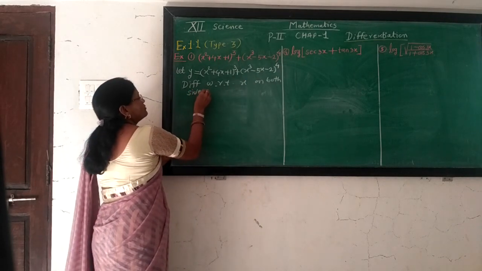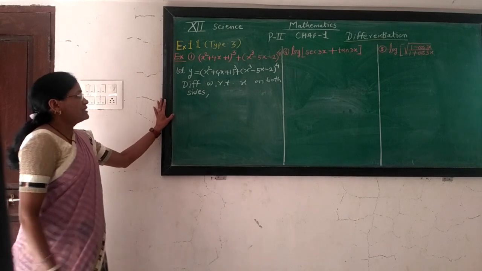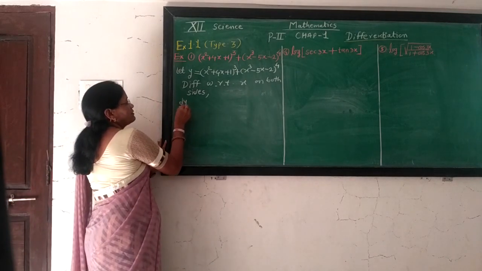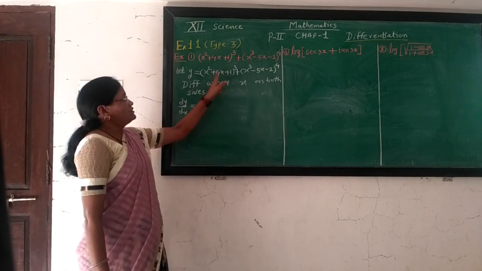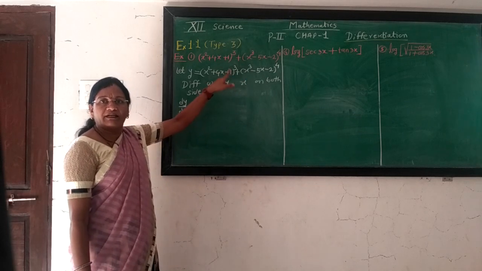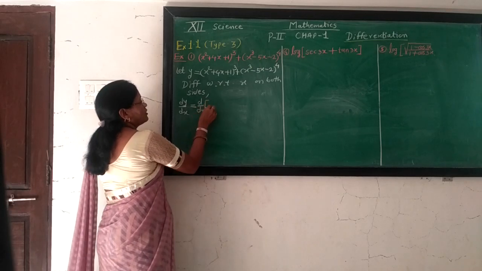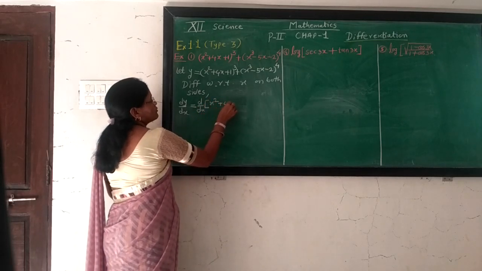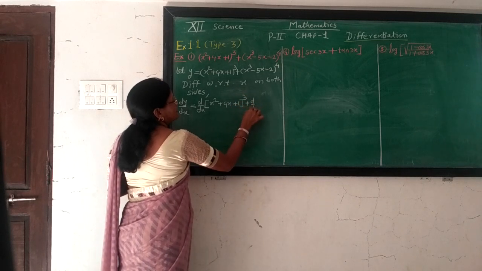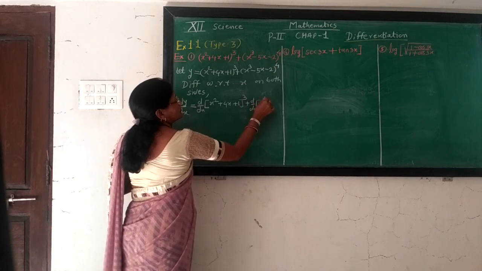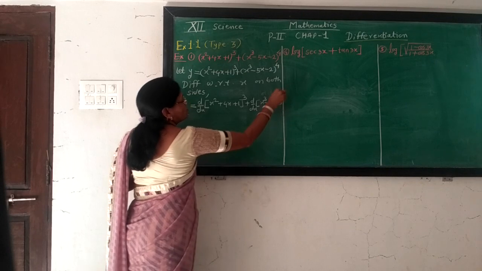For the left side, the derivative becomes dy by dx. For the right side, an addition of two functions is given, so we apply the rule for addition, u plus v, and therefore first take d by dx of (x square plus 4x plus 1) bracket raised to 3 plus d by dx of (x cube minus 5x minus 2) bracket raised to 4.